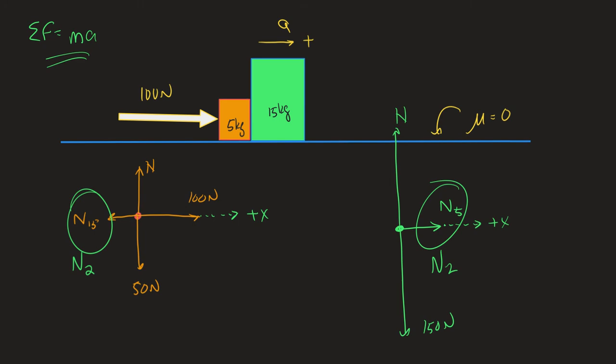Now, the rest of this progresses just like before. Sum of forces equals MA. You should know how to do that by now. You've taken a test on it and done remarkably okay. So go forwards. Apply Newton's second law. Should be easy.